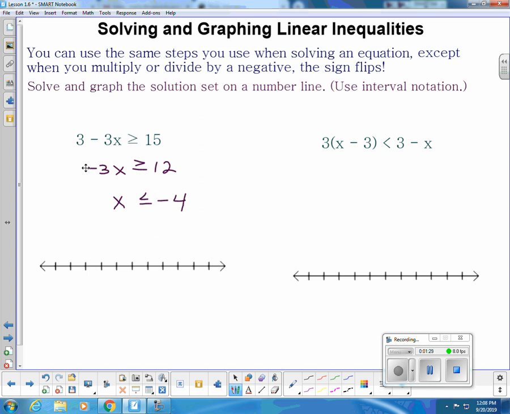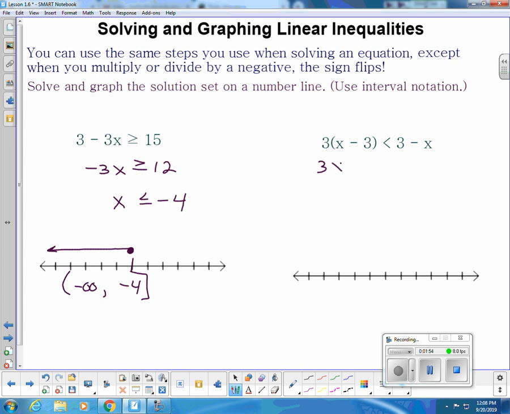I don't care about all these lines. I'm just going to pick one to make it as negative 4. And it's closed circle to the left, and we already know how to write this as an interval notation. Remember, if it's closed circle, you're going to do the square bracket. All right, so inequalities, same steps when you solve an equation.